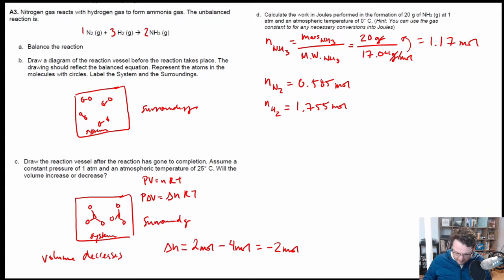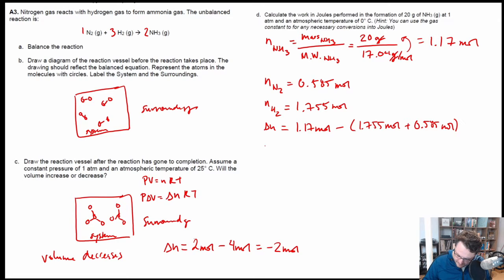So we have this right here. And now we can calculate what delta N is. So delta N is equal to 1.755 moles plus 0.585. Oh, wrong way. Sorry, because it's final minus initial. The final amount is 1.17 moles, minus, and now we have 1.755 moles plus 0.585 moles.